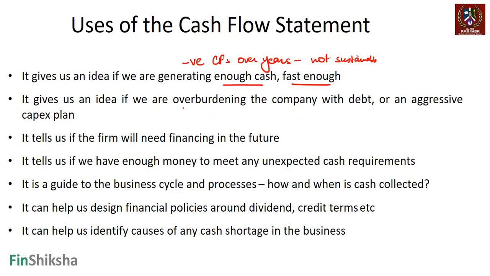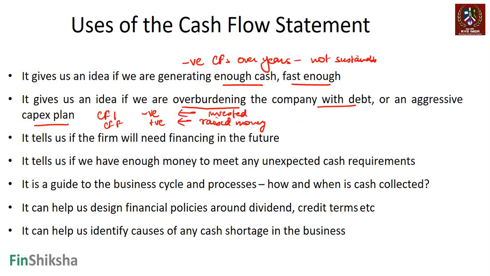It gives us an idea if we are overburdening the company with debt, right? Or an aggressive capex plan, which basically means that you find that cash flow from investing is negative and cash flow from financing is positive, which means you have raised money, correct? And you have invested.